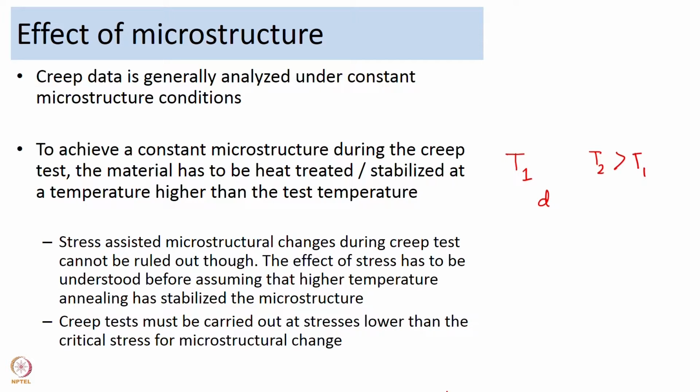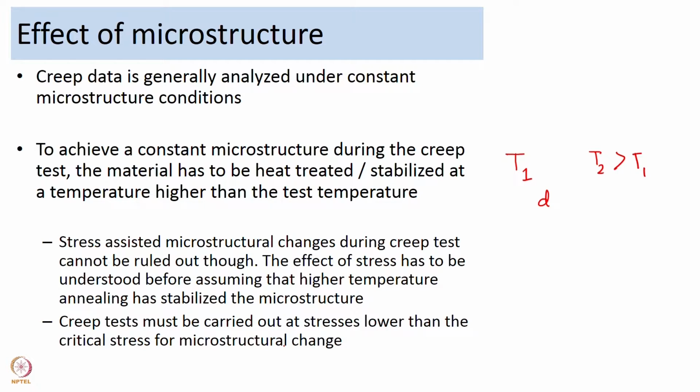Of course, having said that, one cannot rule out stress assisted microstructural changes, since creep happens under both stress and temperature conditions. Stress assisted microstructural changes could sometimes happen during a creep test, so the effect of the stress has to be understood before assuming that higher temperature annealing has stabilized the microstructure.